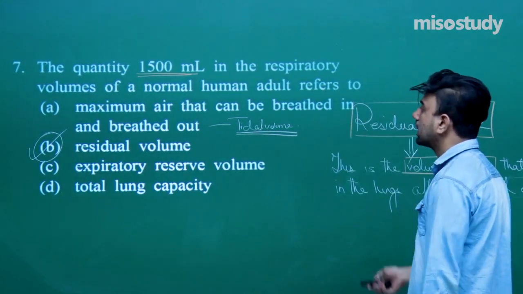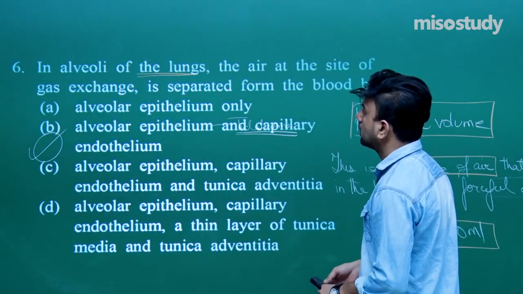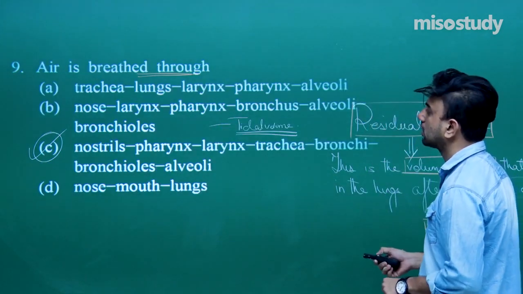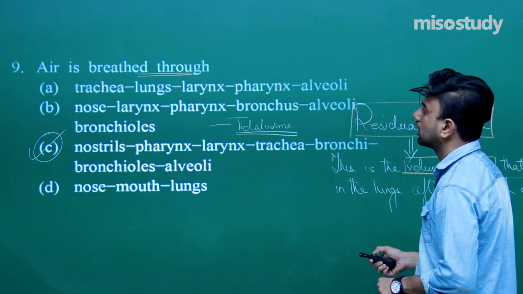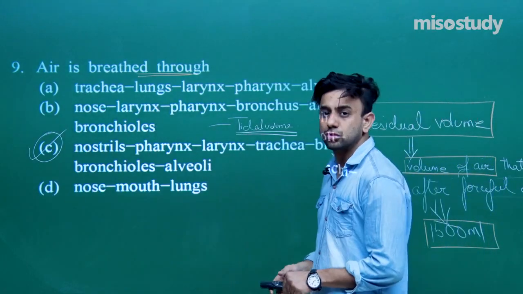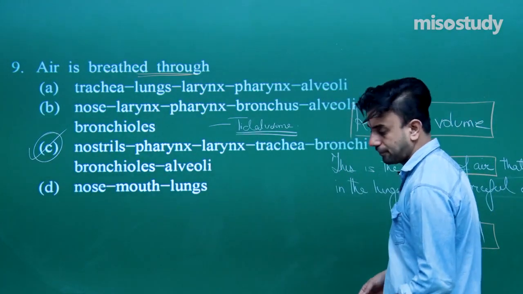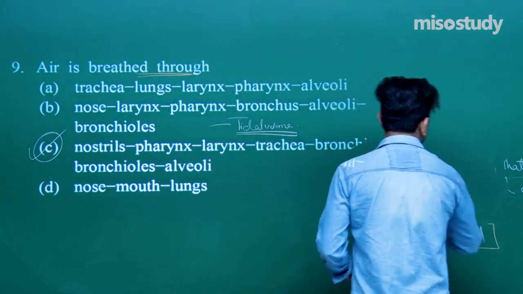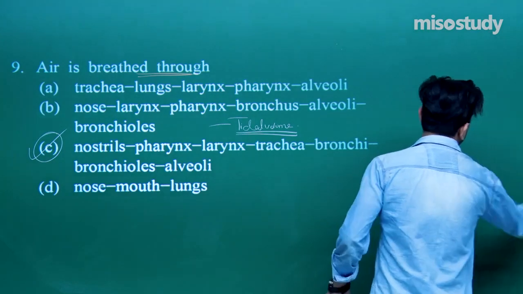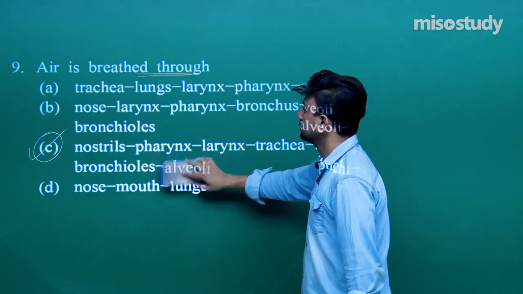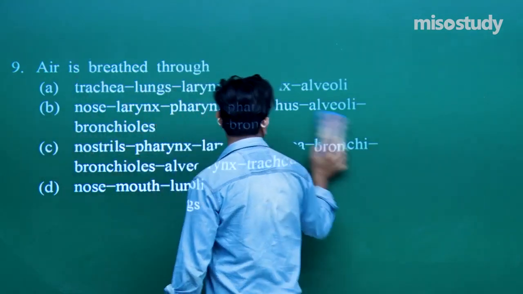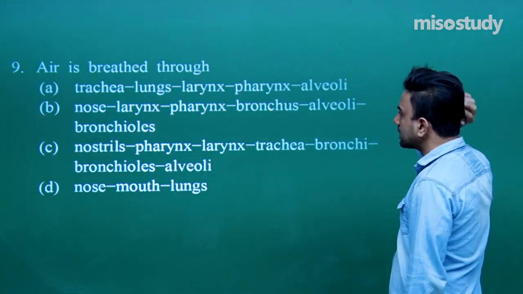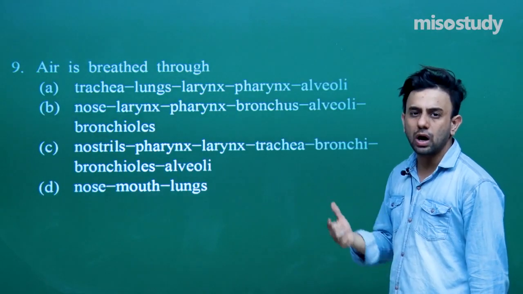Now, let us go ahead and look at the next question, on the path of air to the alveoli of the lungs. We all know how the air goes in.